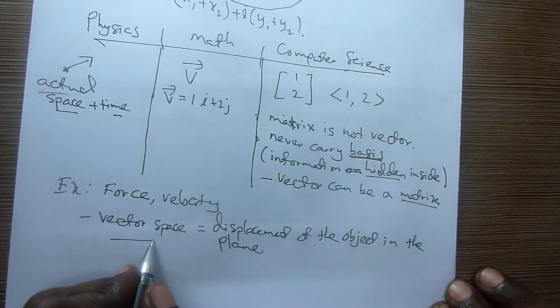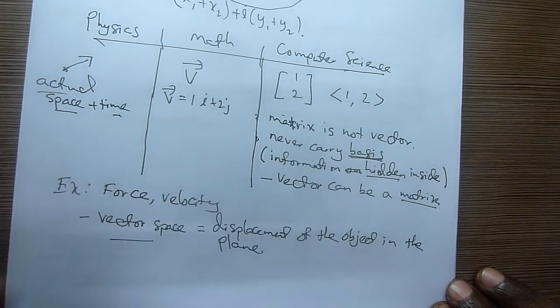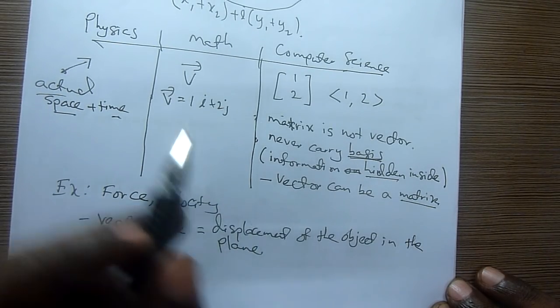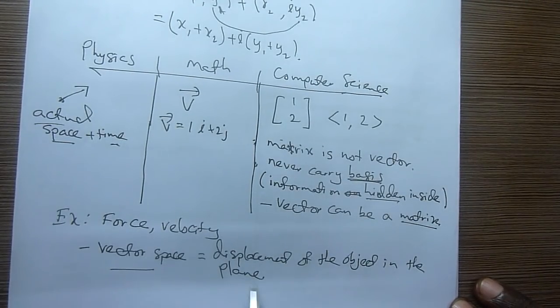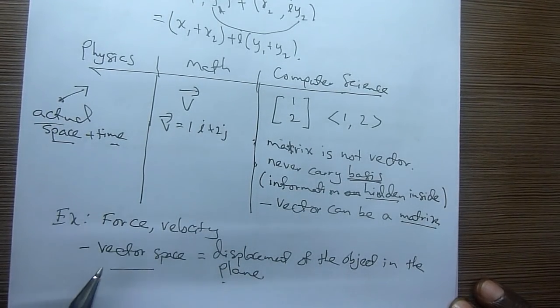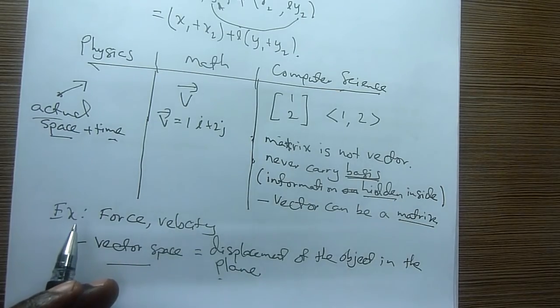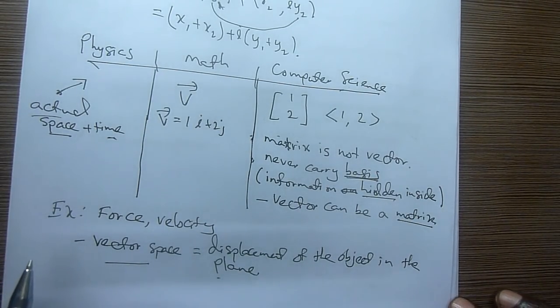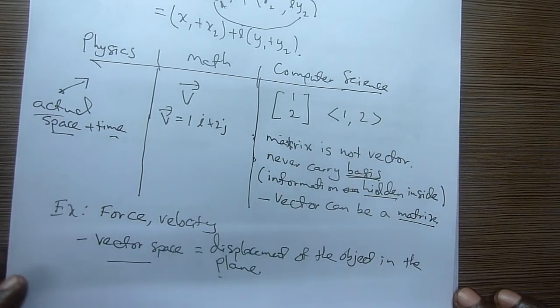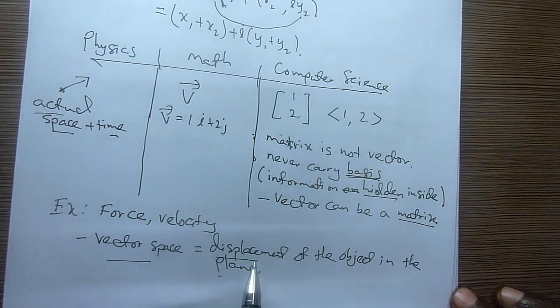The vector space here, which sometimes will be represented in matrix form, is basically how we try to see the movement or displacement of the object in the plane. We are not only able to see the detail of a particular object, but we are able to see the displacement of the object.